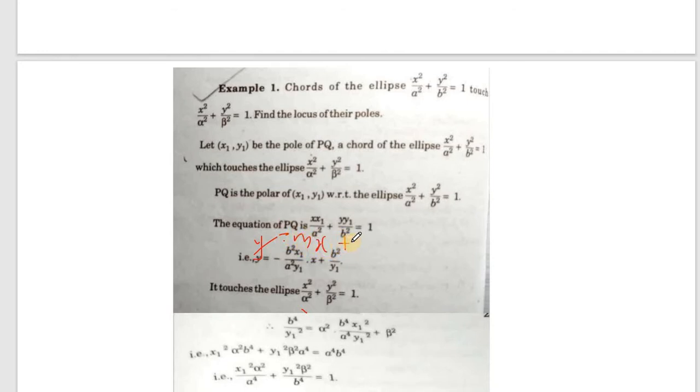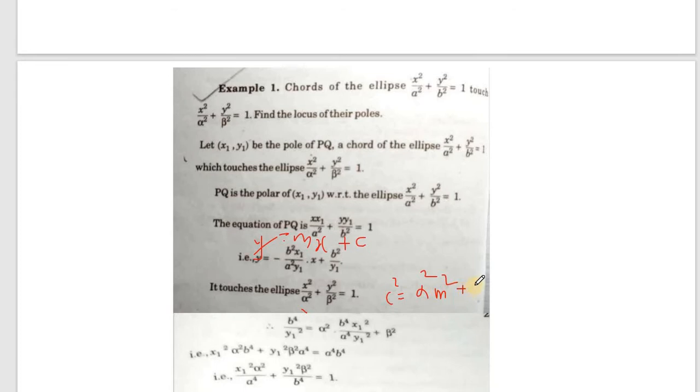So this is the form and so the condition, since this touches this ellipse, will be c square is equal to alpha square m square plus beta square.